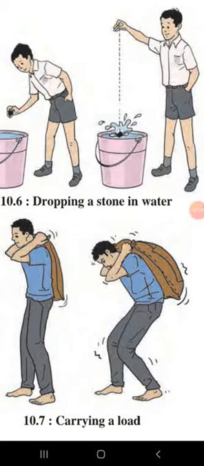Now, today we will continue with gravitational force. Here in the picture, you can see the boy is throwing a stone into a bucket full of water. In the first case, he is dropping the stone from a shorter distance from the bucket, and in the second, he is dropping that stone from a larger distance.